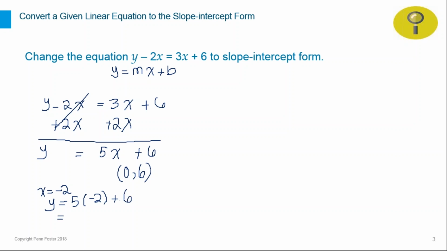Evaluate the expression on the right. 5 times -2 is -10, plus 6 gives you -4. So the value of y is -4 when x is -2. So the second point that we're able to define on that line is (-2, -4).